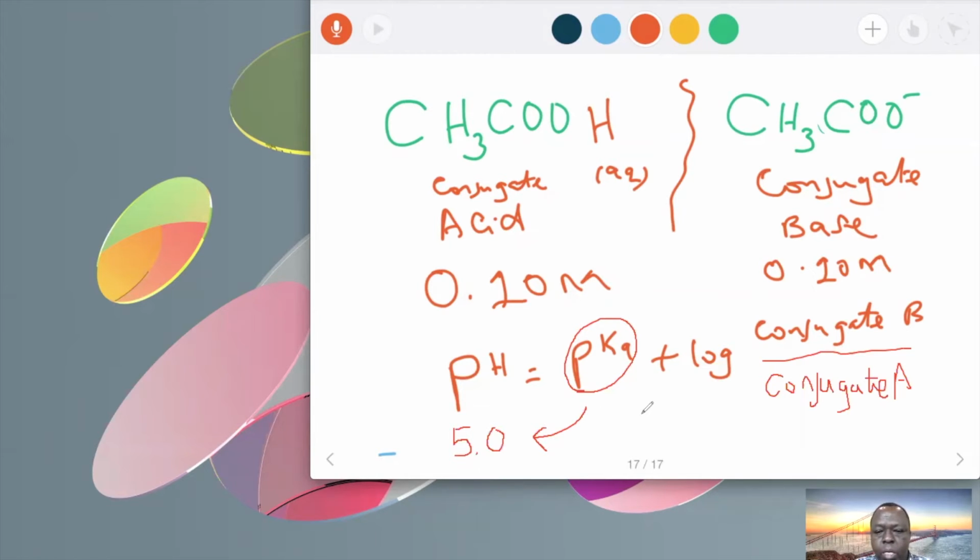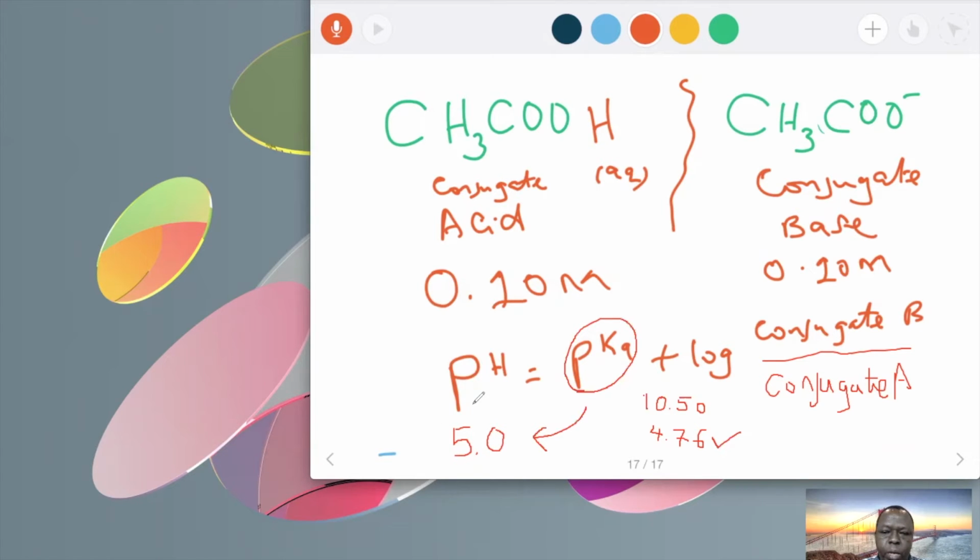If I have, let's say, a pKa of 10.50, and another acid with 4.76, I will pick the acid whose pKa is closer to the desired pH range we want.